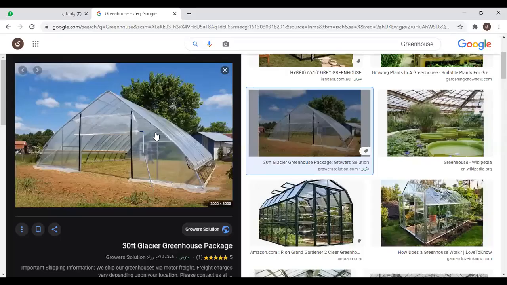Look here, this glass protects. This glass is like the gases of the atmosphere.